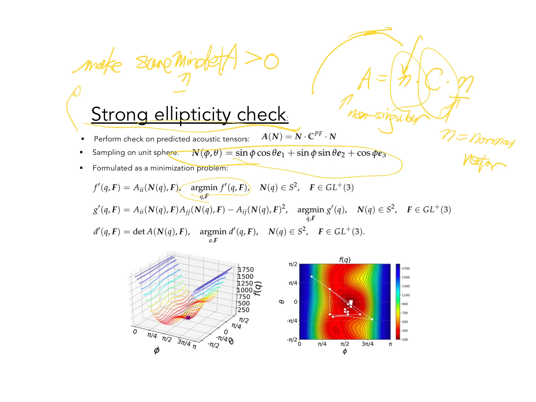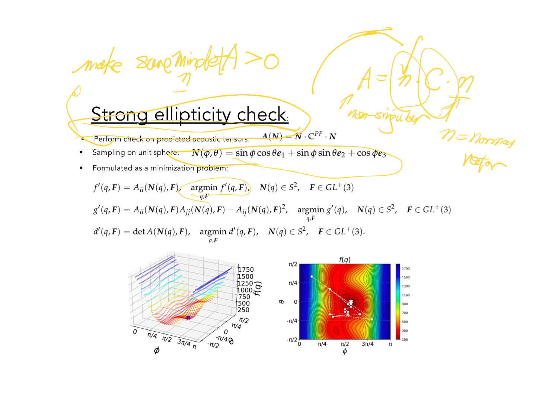You have to create a normal vector by sampling it, and out of all the possible orientations, you need to find the minimizing N for that C. And C is changing for each different point, so the evaluation of the strong ellipticity check is going to be very expensive. Do you guys get the idea? For all the other things, I have the stress, I have the strain, I just compute the norm, or I check the criteria.